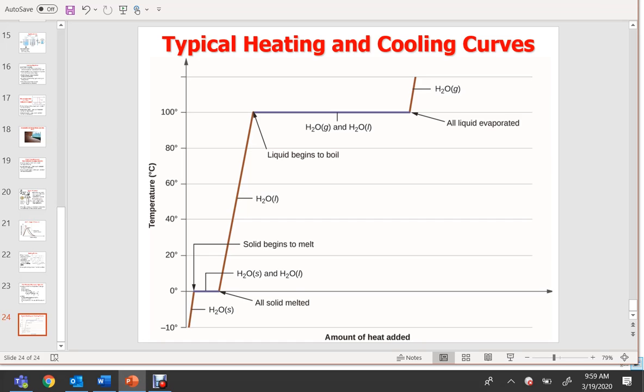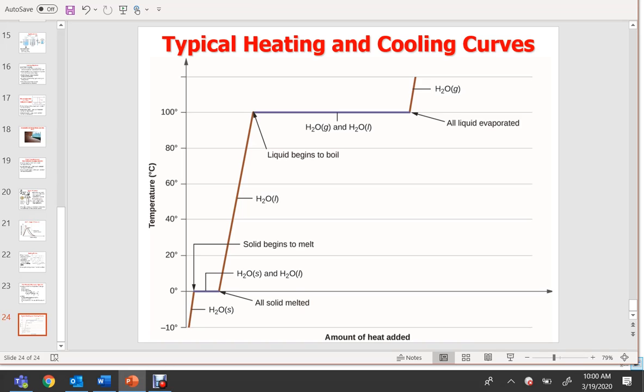As more heat is provided to heat the mixture, all the liquid is evaporated. Then there's only one phase left, which is water vapor at 100 Celsius degree. As more heat is provided, the water vapor can increase its temperature above 100 Celsius degree. For example, here you can reach 120 Celsius degree for water vapor or water gas.